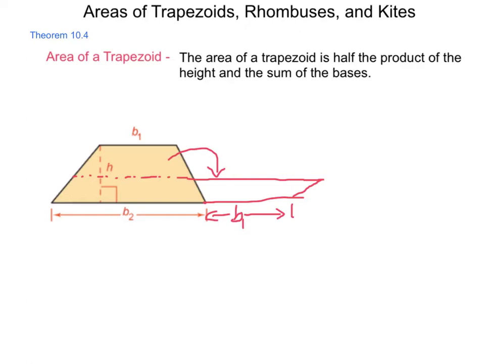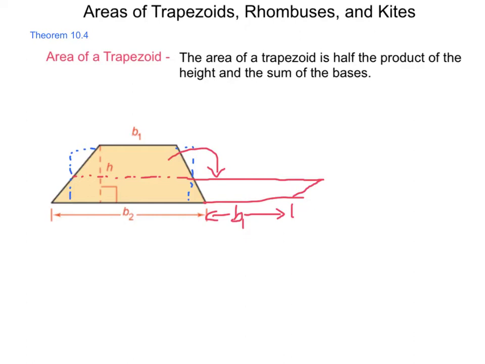Or what you could think of it as is we're finding the average of the two bases, basically forcing our trapezoid to act as a rectangle, and rectangle is base times height, so we need to find that average.